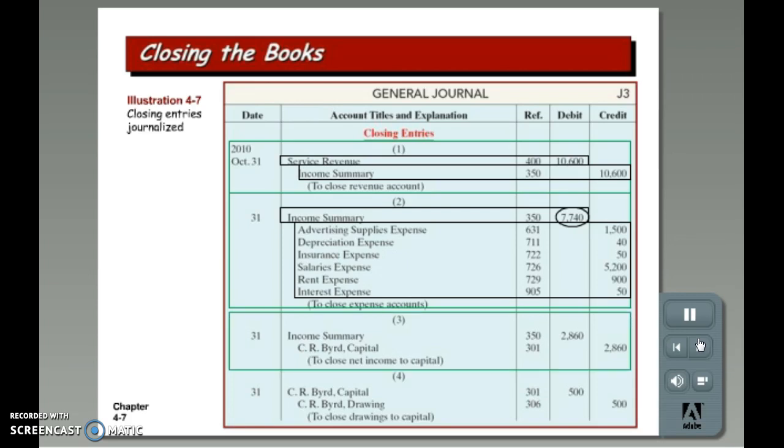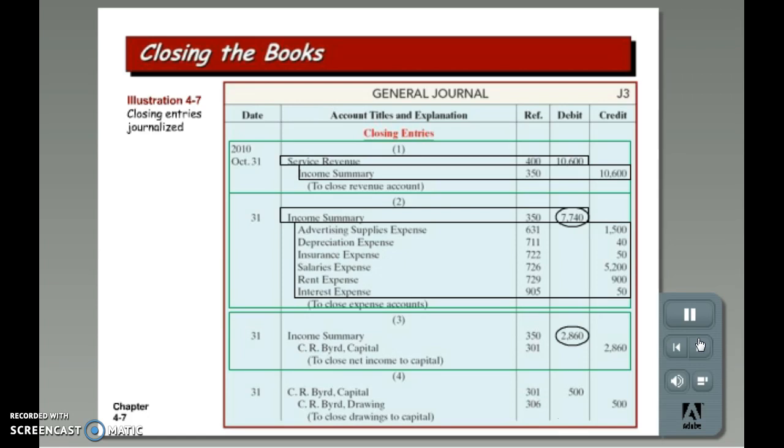The third closing entry closes the balance in the income summary account. This balance is the net income or net loss. In our example, the balance in the income summary account after the first two closing entries is a credit balance of $2,860.